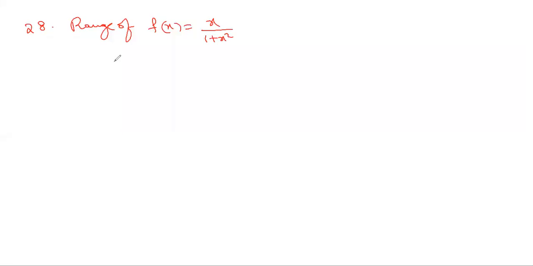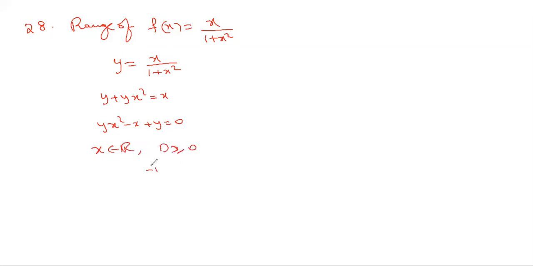Again the same y method, y equal to x by (1 plus x square). y plus yx square equal to x. yx square minus x plus y equal to 0. For x belonging to real numbers, D should be greater than or equal to 0. So (minus 1) whole square minus 4 into y into y should be greater than or equal to 0.